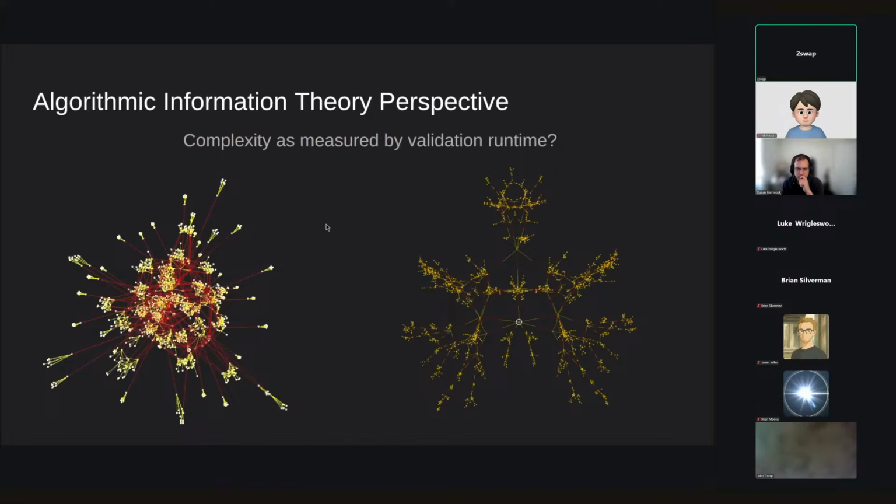Which is kind of why I was thinking earlier about validation runtime. If we're iterating over this tree, how long does it take to validate the correctness of our tree? That's a way of formalizing the idea that our ability to not make excessive use of compute to validate our program is a way of thinking about this sort of apparent simplicity.